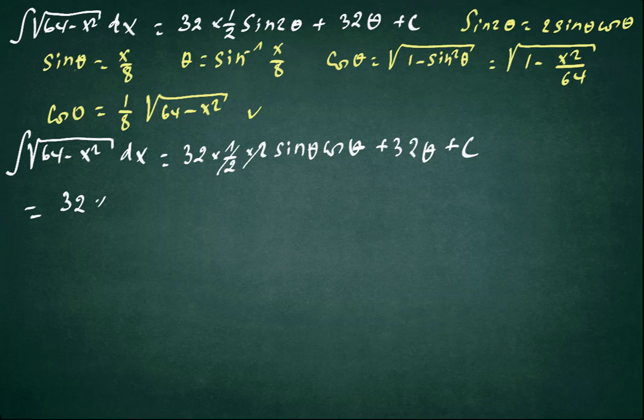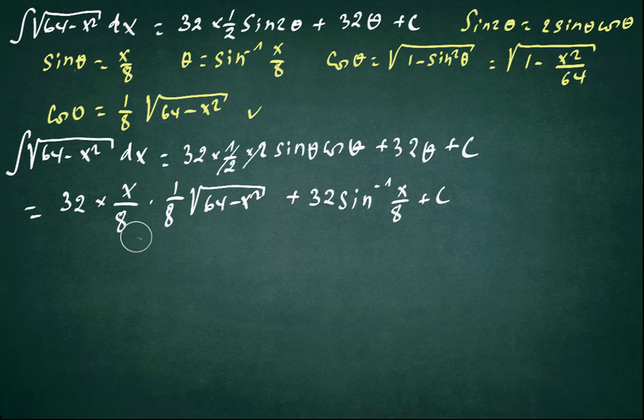We have to get x's here now. So 32 times x over 8, okay, that's sine theta, and cosine theta is 1/8 of square root of 64 minus x squared, and then plus 32, and we know that it is arc sine or sine minus 1 of x over 8 plus a constant.